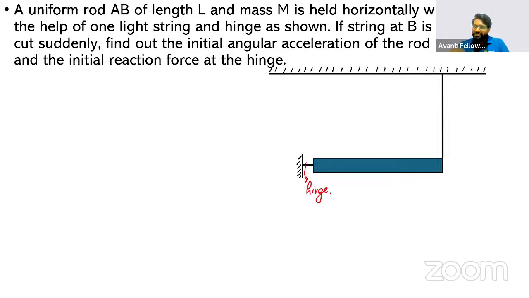A hinge is that point about which the body can only rotate, not translate. Simple. This is the string. Now this rod is supported by this string. Now, what happens if the string at B is cut suddenly? Then find out the initial angular acceleration of the rod and the initial reaction force at the hinge.